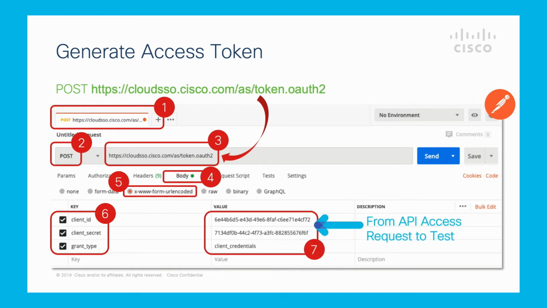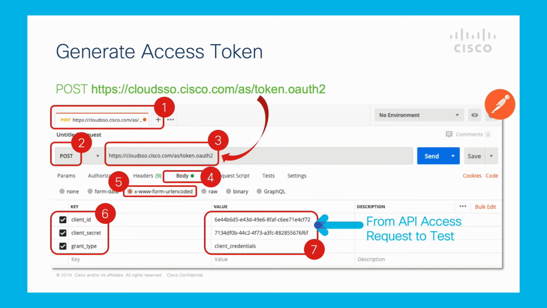and their values. For client ID and client secret, you're going to provide the values you got from the API Access Request portal. These are the client ID and client secret we're going to use to test our API access. As a grant type, we're going to use client credentials.